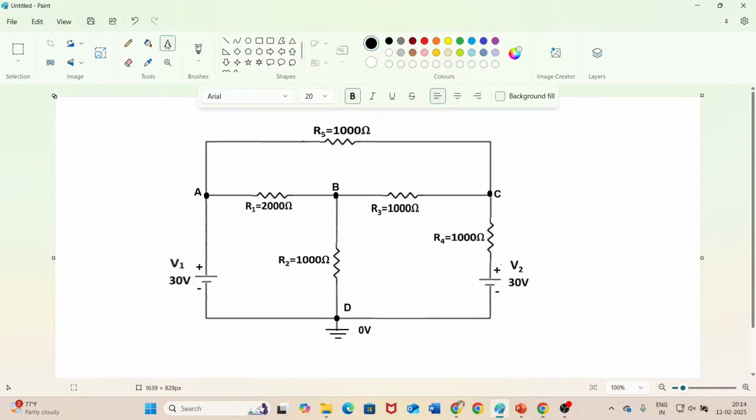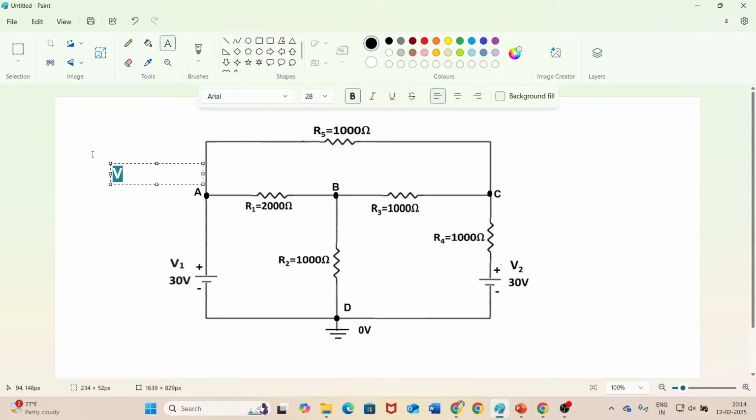So simply what I want is node voltages. Write V here. This font size I will increase. So I have written V here.